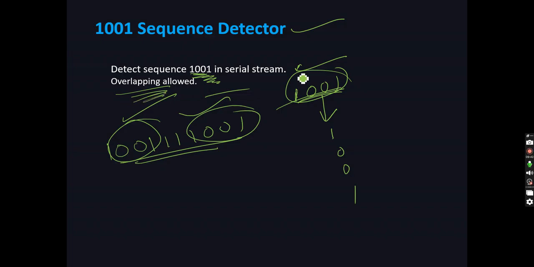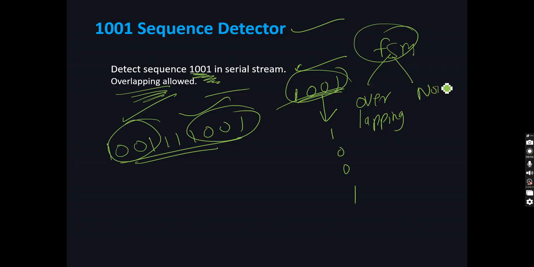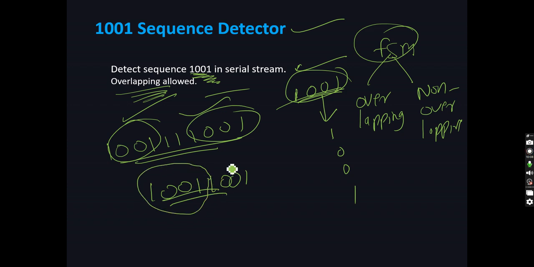In Moore and Mealy, FSMs are again classified into two types: overlapping and non-overlapping. Let's take this sequence, 1001 1001. This is non-overlapping, where we detect the sequence separately.